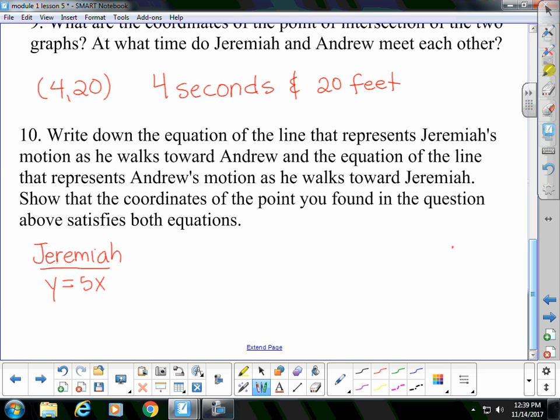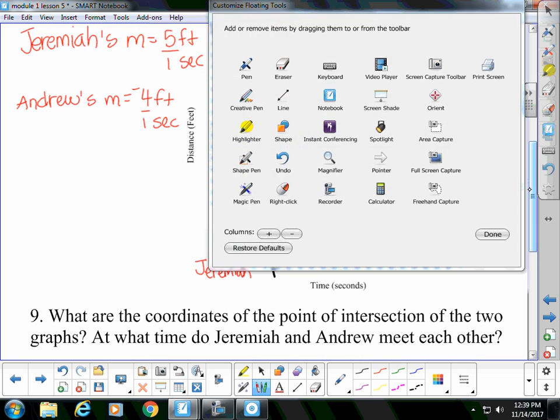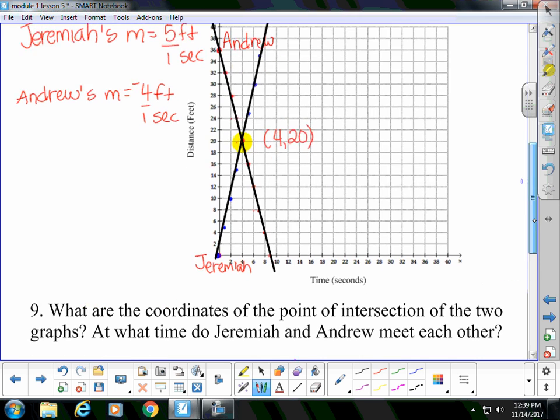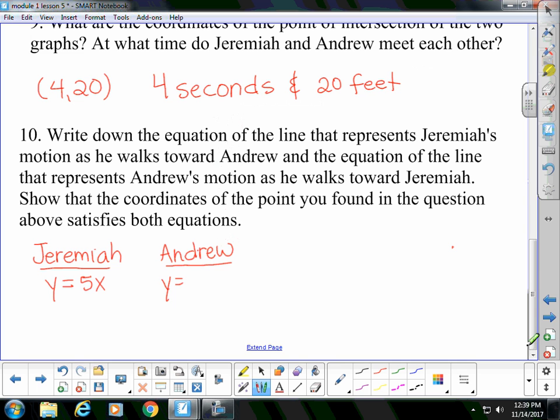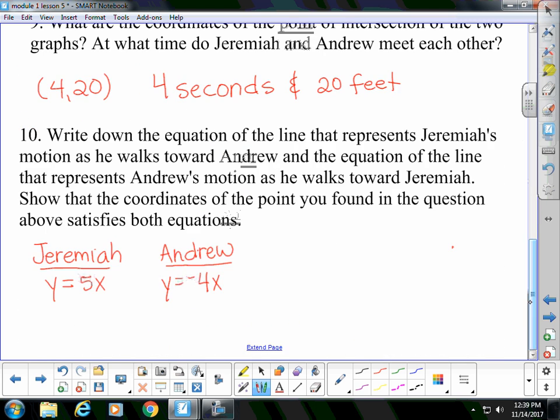No plus anything because he started at the bottom of the graph, so it'd be plus 0. Andrew's equation: Andrew's rate was 4, but since he started at the top of the graph, he's going down, so it's going to be negative 4x. And he started further away. He started at 36, so plus 36.